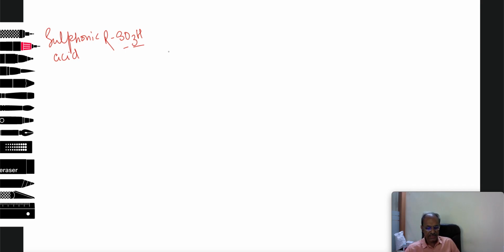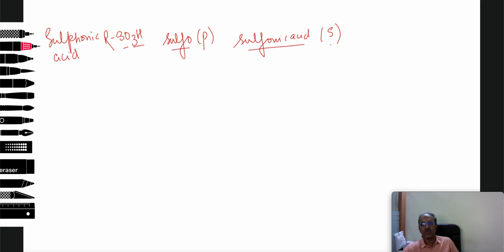The prefix happens to be sulfo, and sulfonic acid happens to be the suffix. Sulfo is known as the prefix and sulfonic acid happens to be the suffix. Fine.